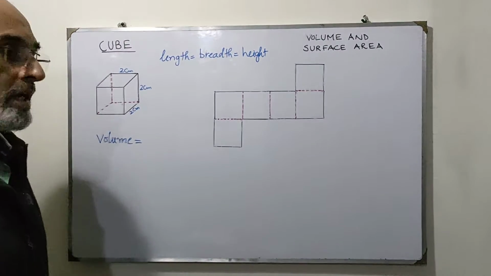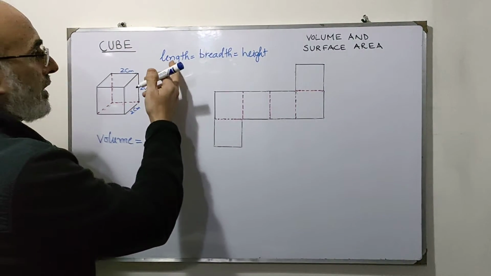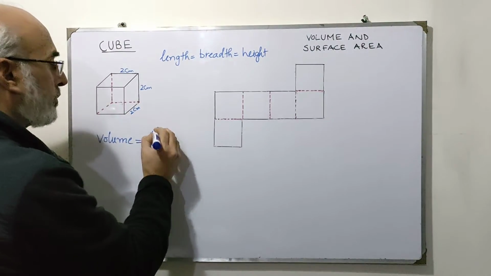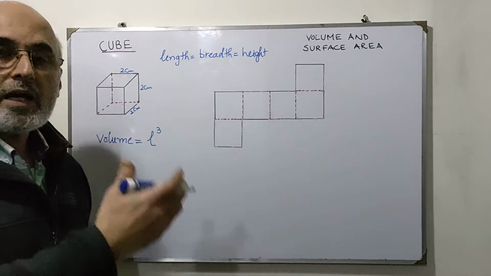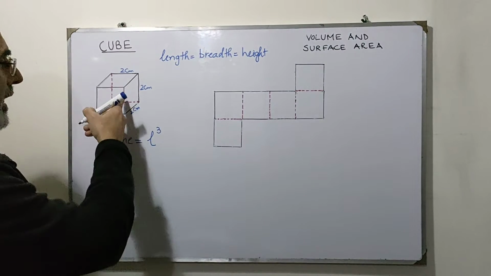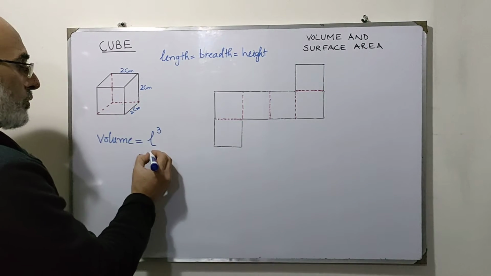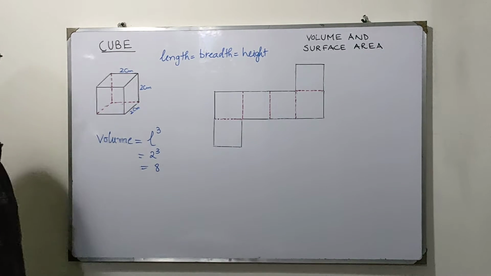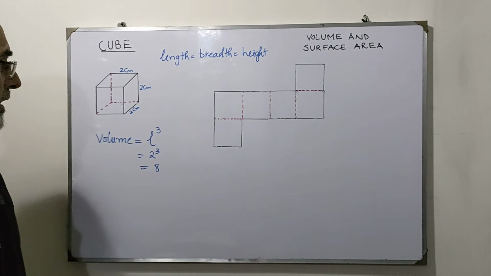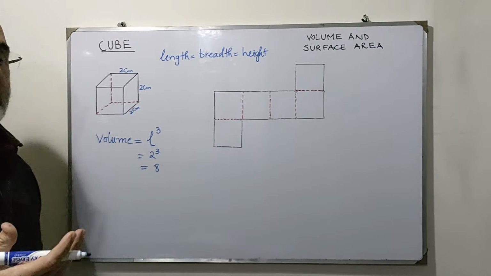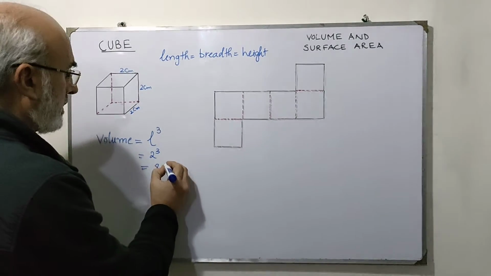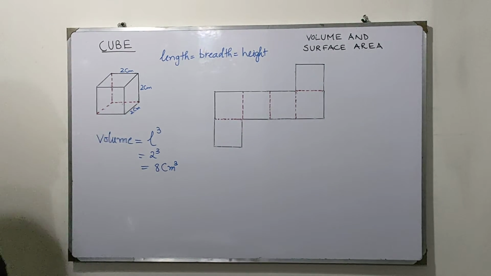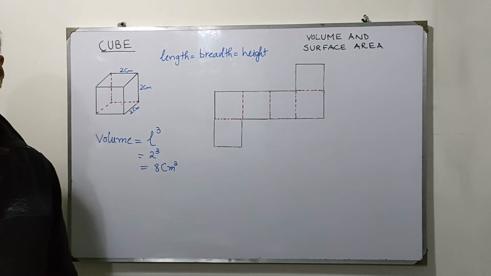If this is L, this is L, this is L, so I'm going to use L cube. L into L into L, right? So L here is 2. So 2 cube, which is 8. 2 into 2 is 4, 4 into 2 is 8 centimeter cube. So this is the volume of the cube.